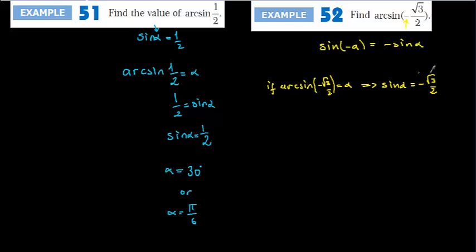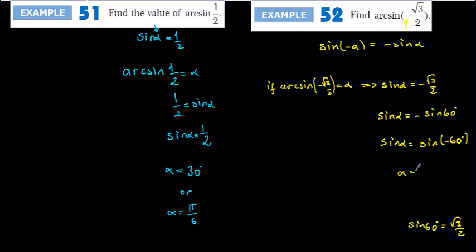Normally, we know that sine 60 is equal to root 3 over 2. So sine alpha is equal to minus sine 60. And we know minus sine alpha is equal to sine minus alpha, so sine alpha is equal to sine minus 60.